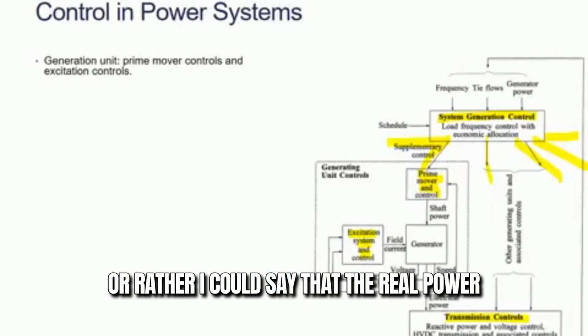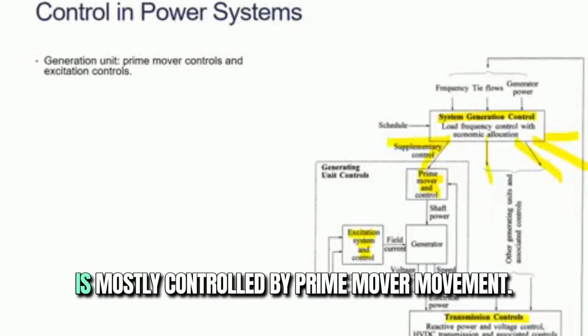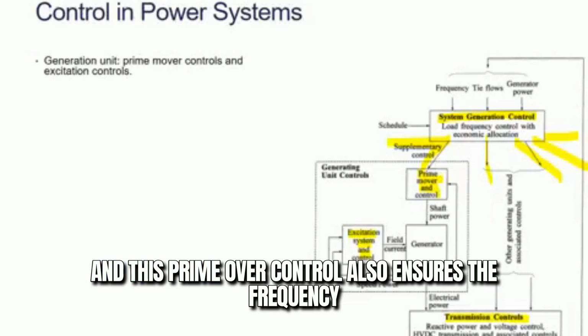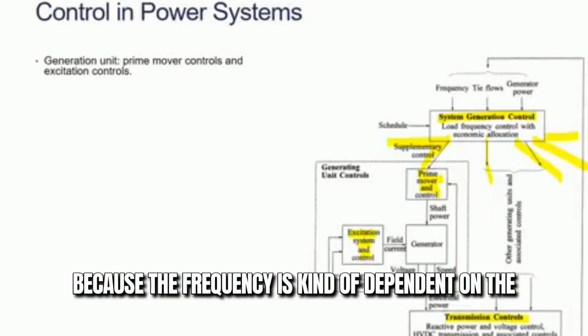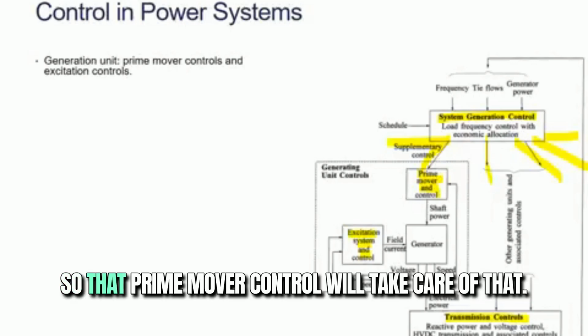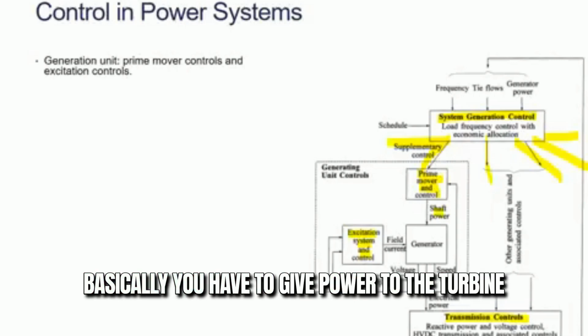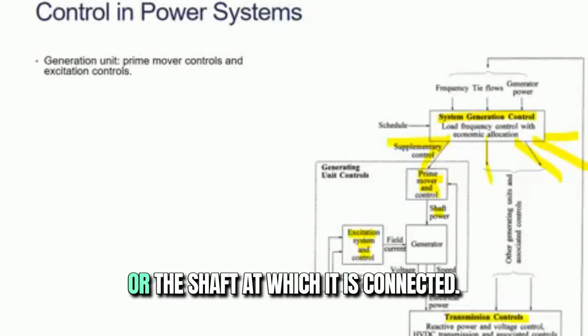Or rather, the real power or the active power generated by a generator is mostly controlled by the prime mover, and this prime mover control also ensures the frequency, because the frequency is dependent on the synchronous speed at which it is rotating. So the prime mover control will take care of that, and that is done by the shaft power.